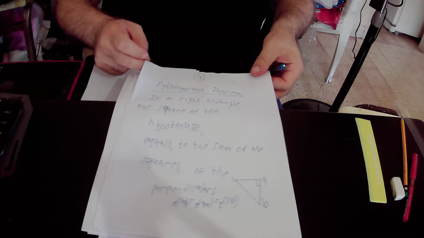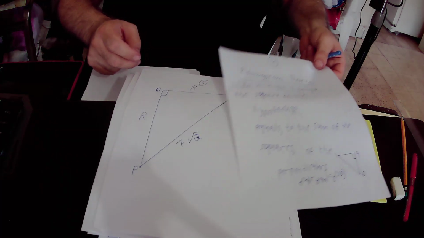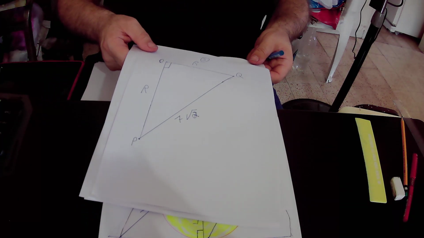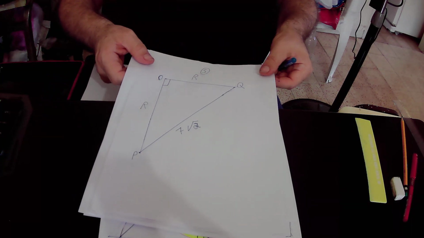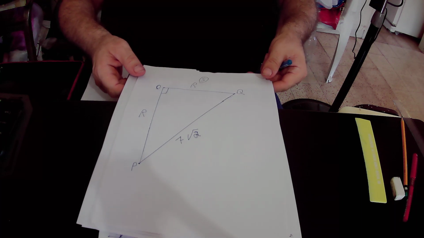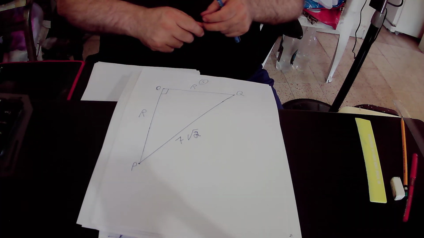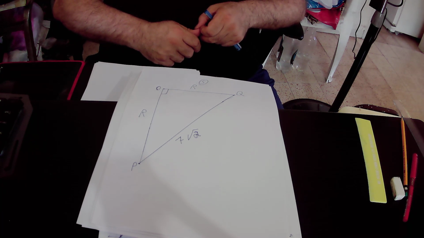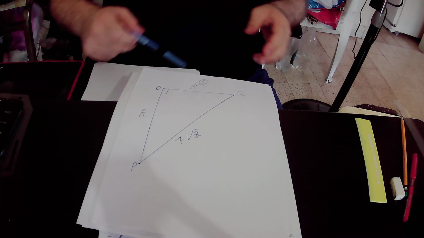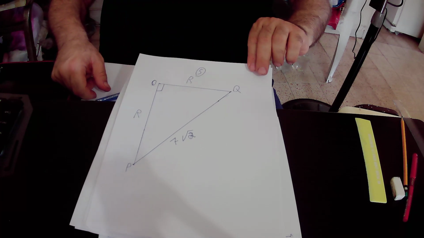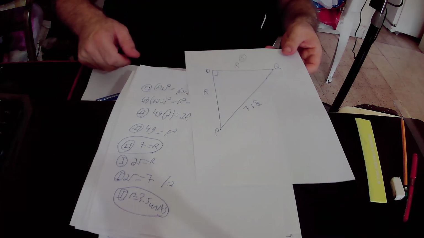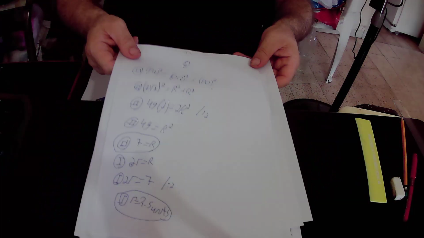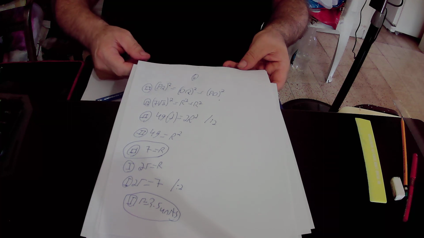Okay, so we can implement this theorem in our specific right triangle, and as I have already told you, the Pythagorean theorem applies only to right triangles, and we will implement this theorem in our triangle.